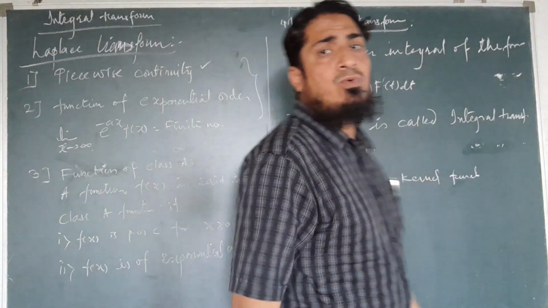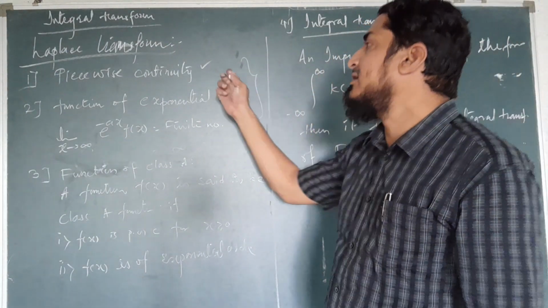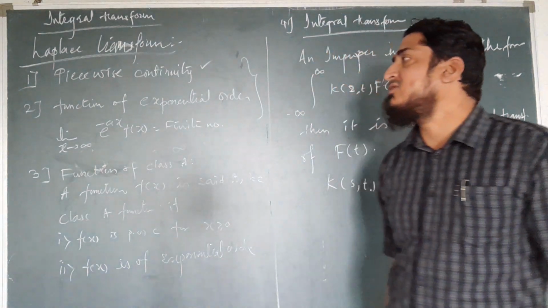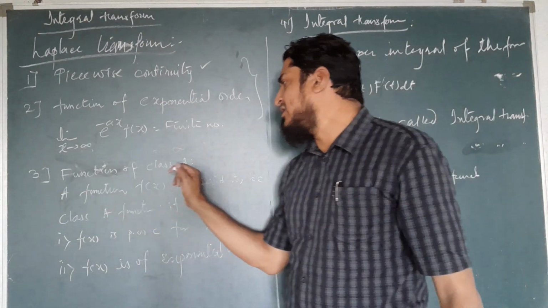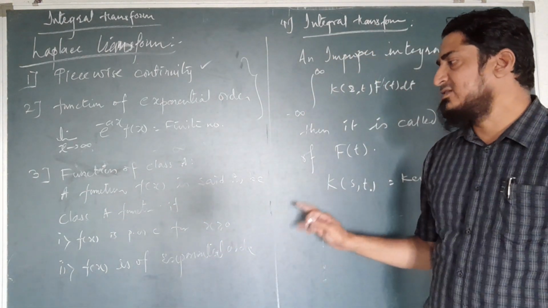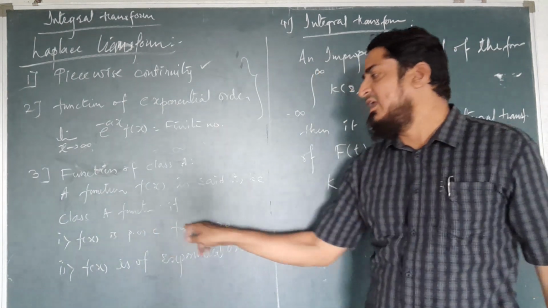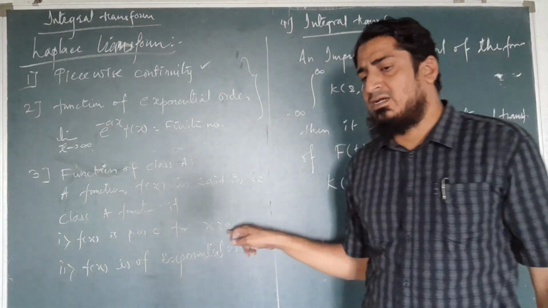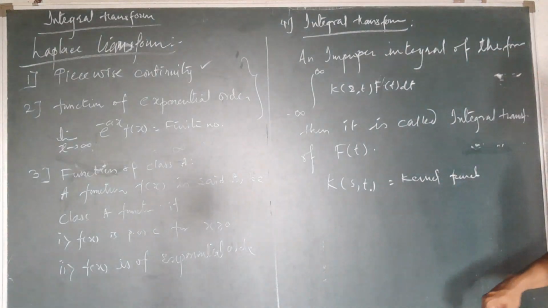In the previous lecture we studied piecewise continuity, then functions of exponential order. Today we have seen function of class A, in which a function f of x is said to be class A if f of x is piecewise continuous for x greater than or equal to 0 and f of x is of exponential order.